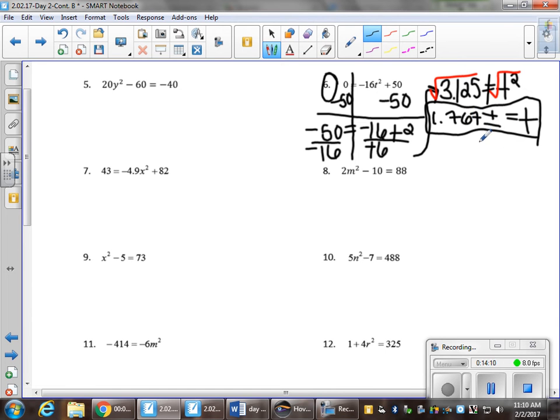It doesn't matter how we have it written. Usually it's before the number, but it's written backwards, so that's why it's like that. This also means the same thing if you were to write t equals 1.767 and negative 1.767.